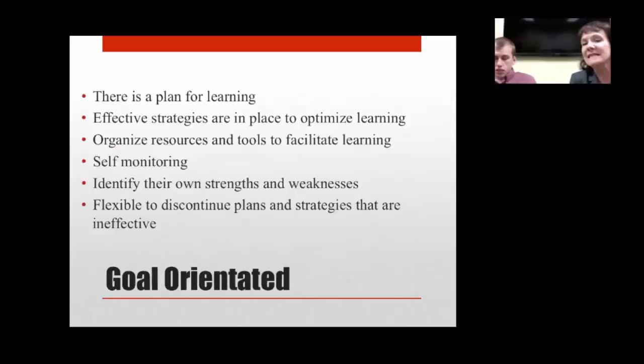When we look at an individual, and you may even want to think about yourself being goal-orientated. Number one, we have to keep in mind in order to set goals, there has to be a process or a plan in place. It's important that we have strategies and that we have components that help us learn best. And again, it brings us back to what we might refer to as our learning preferences.